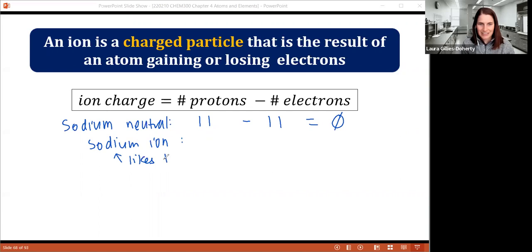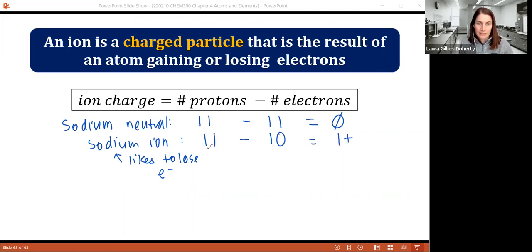Sorry, it likes to lose electrons. So it's still going to have 11 protons, because otherwise it would no longer be sodium. But sodium likes to lose 1 electron. It started out with 11 when it was neutral, it loses 1 electron, so now it has 10. So when it loses 1 electron, it's going to end up with a charge of 1+.